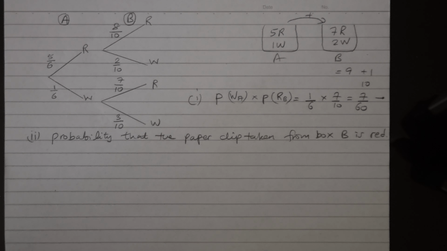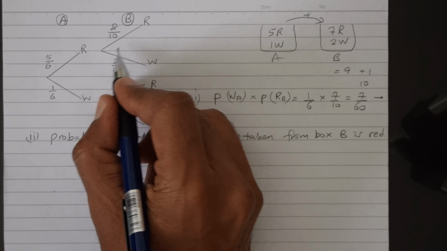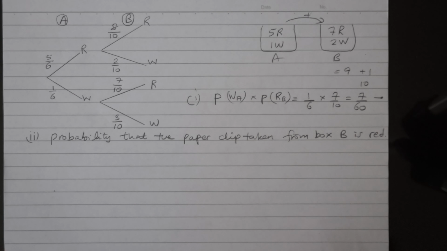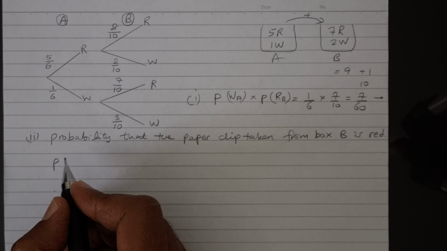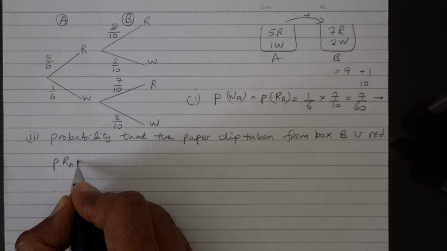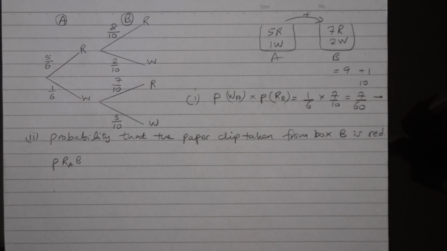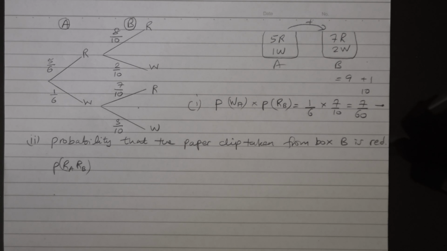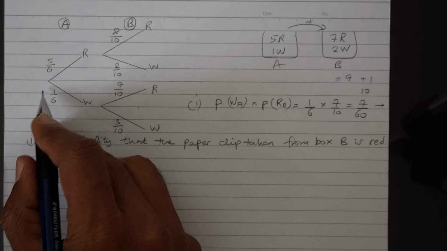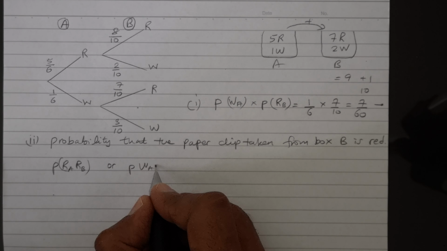If it's red from box B, we can take a red from A, red from B, or a white from A and then a red from B. So we're going to take the probability of red from A and then red from bag B. Or we could be taking white from A and also red from B.